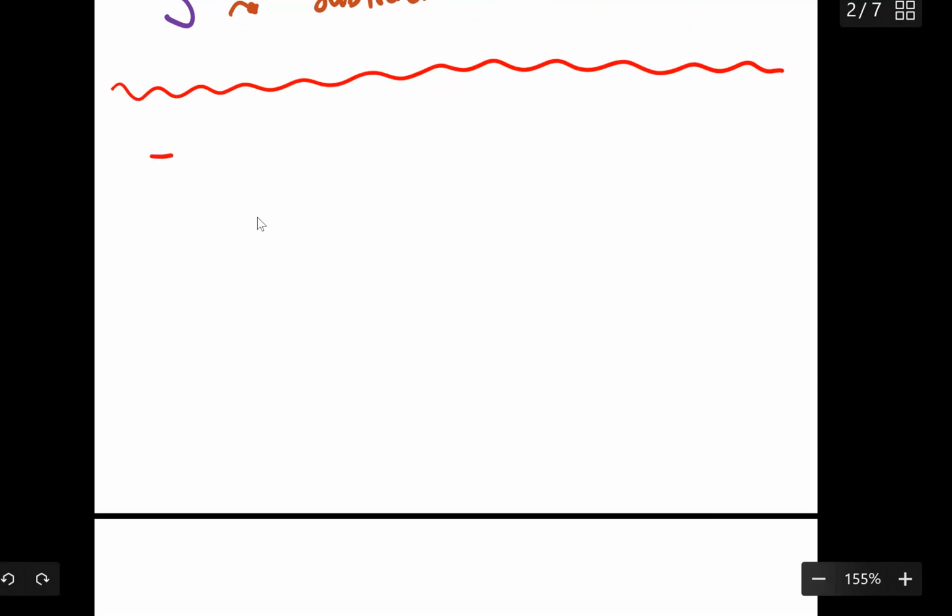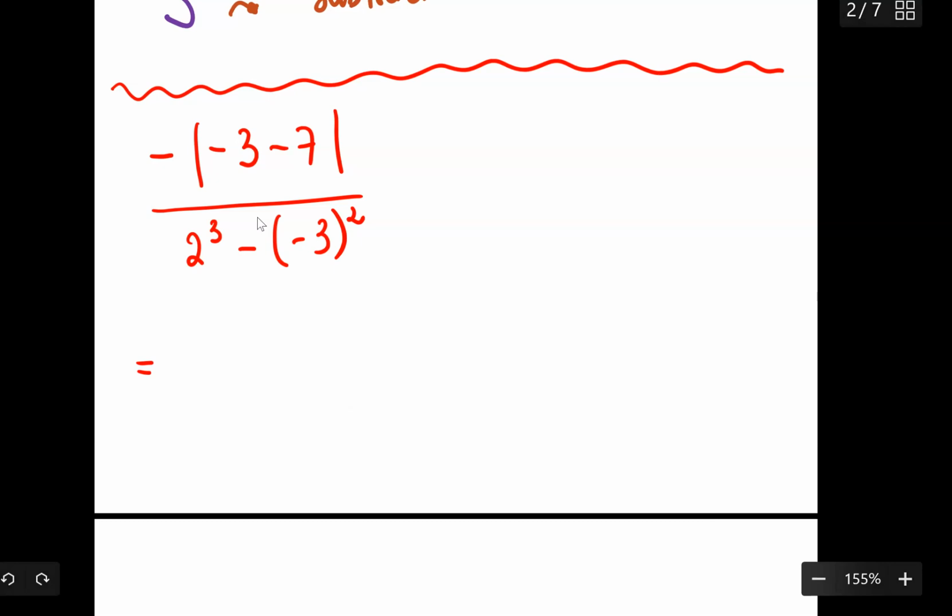Okay, so we have negative, absolute value, negative 3, subtract 7, absolute value, divided by 2 to the exponent 3, subtract negative 3, all of it squared. Okay, so this question is similar to what I have written right here for you.